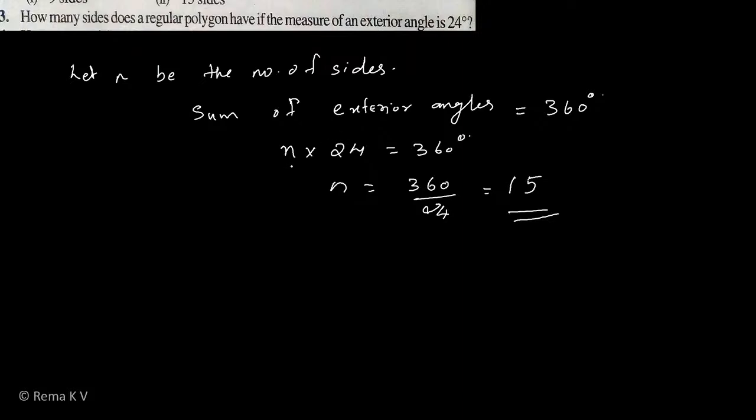There are n angles, each of measure 24 degrees. So the total measure of angles is n into 24, which is equal to 360. So n is equal to 360 divided by 24.